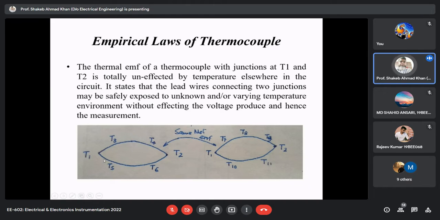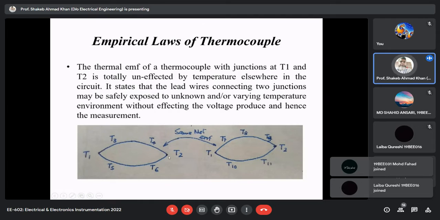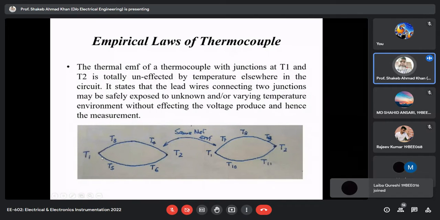So in this case, what is the meaning of this diagram? You see that this is one metal, this is another metal. They are joined together, and this is forming a thermocouple. And junctions are maintained at temperature T1 and T2.